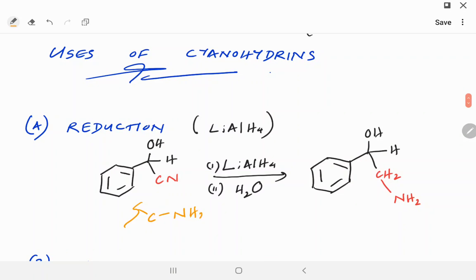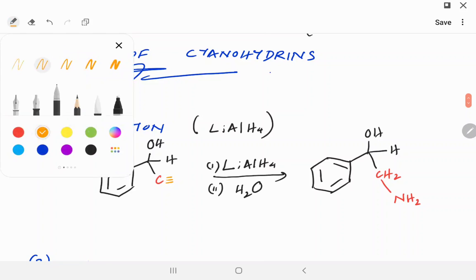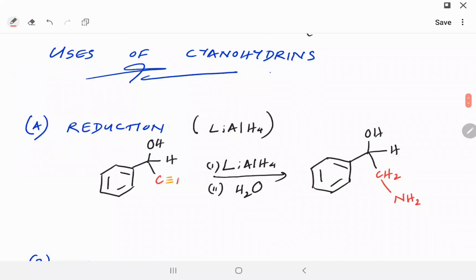So nitrogen gets 2 hydrogens in order to compensate the 2 bonds, and carbon gets 2 hydrogens, right? So this is how it happens. Both carbons and nitrogens will get 2 hydrogens each.